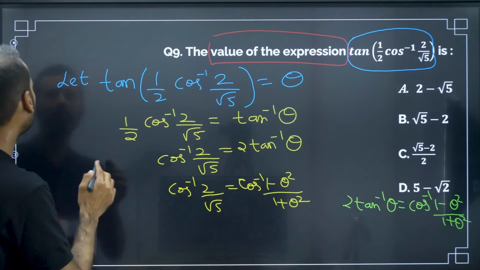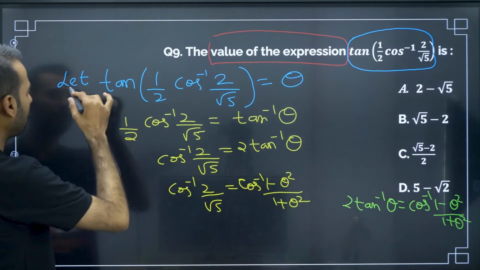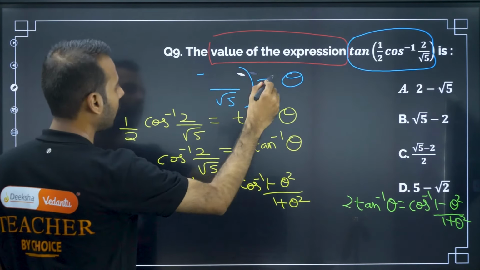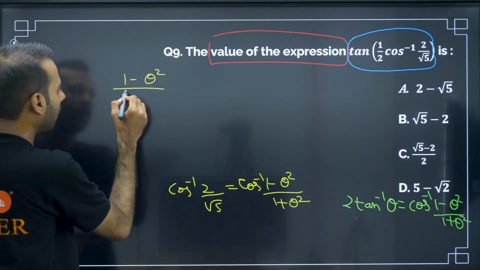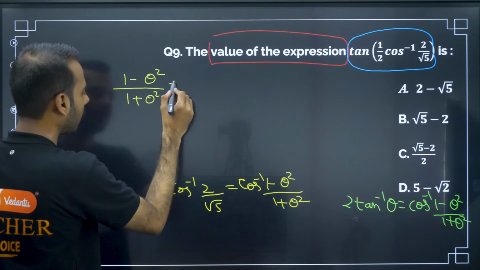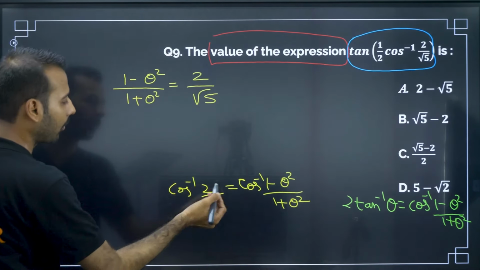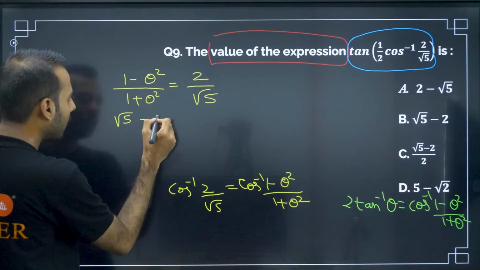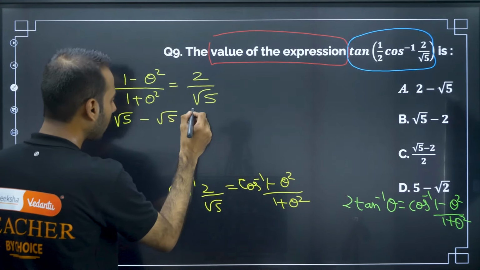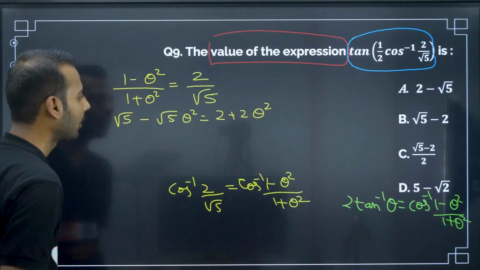So cos inverse, finally, from there I am just copying and pasting. Let me erase this for simplification. (1 minus theta square) by (1 plus theta square) is equal to 2 by root 5, if I apply the cos function on both sides. Now root 5 minus root 5 theta square is equal to 2 plus 2 theta square.